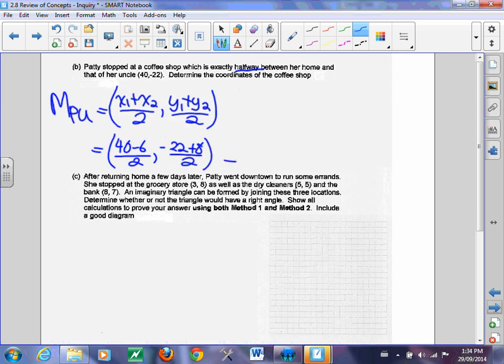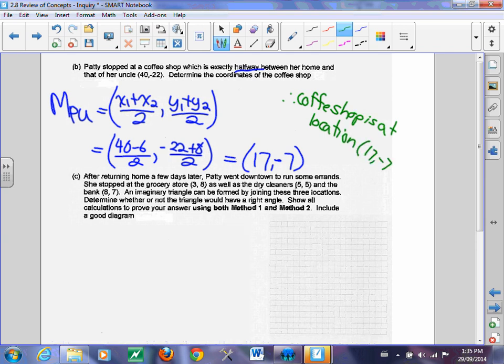So this is going to simplify to 17 and negative 7. Therefore, the coffee shop is at location 17 and negative 7. Awesome.